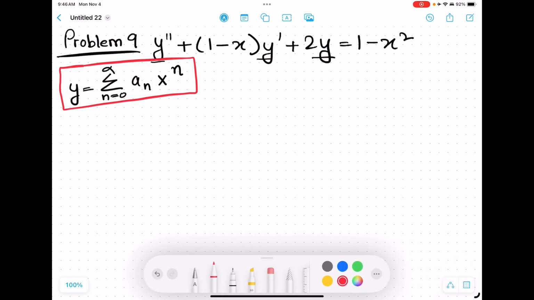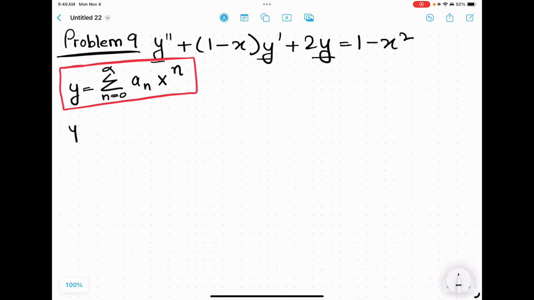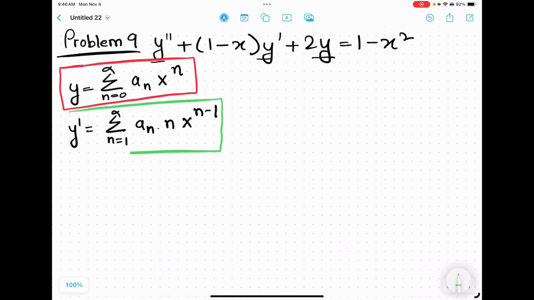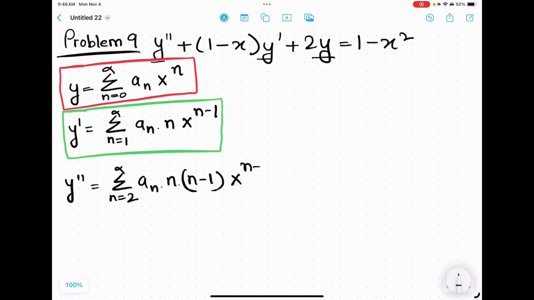And then we have our y prime, which is summation n equal to 1 to infinity a sub n times x to the power n minus 1. And this goes under our green box. And then we have our y double prime, which is summation n equal to 2 to infinity a sub n times n minus 1 times x to the power n minus 2.